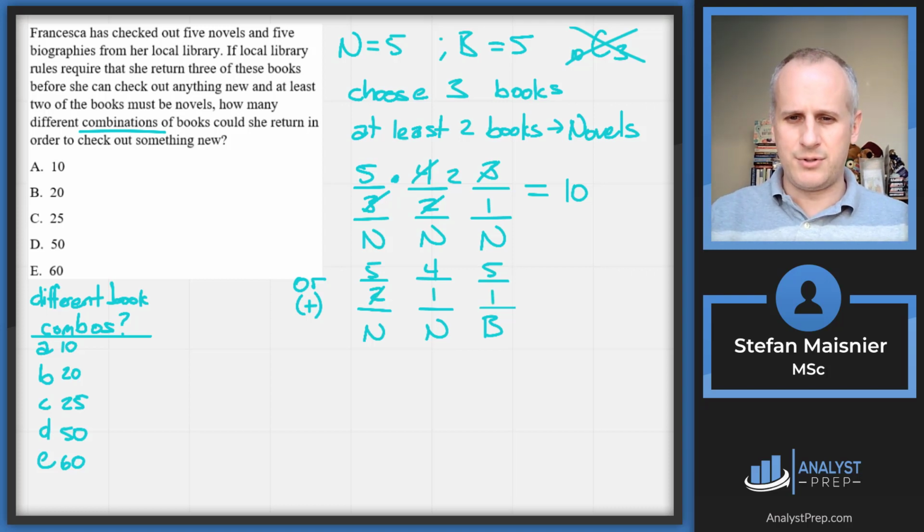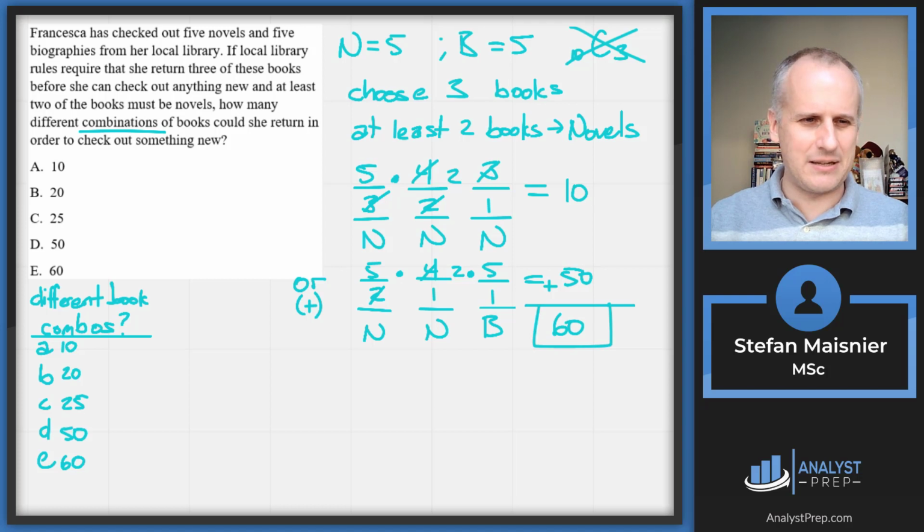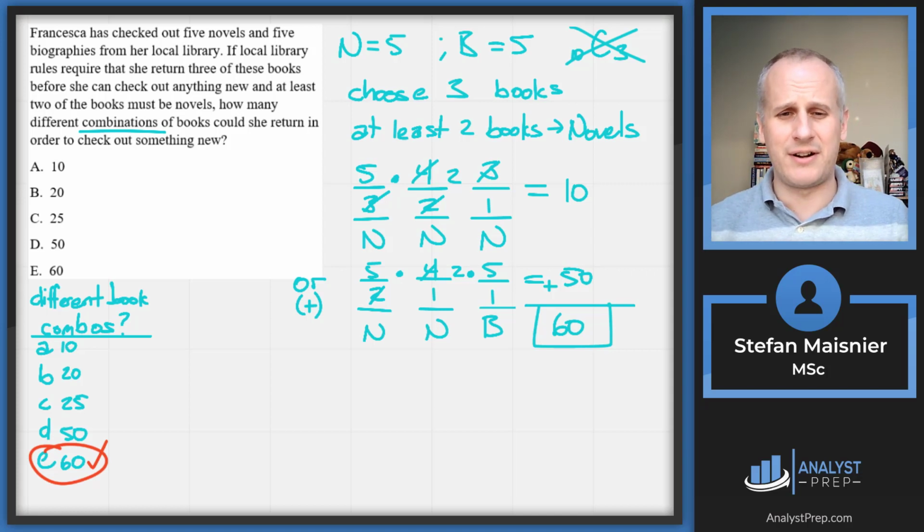Same issue as before. We're going to take our 4 and our 2, cancel that down to a 2, work 5 times 2 times 5, and that's going to give us 10 times 5 is 50. And we have to add those two values to discover that indeed there are 60 possible ways to send back these 3 books to make sure that Francesca can check out a new book from the library.